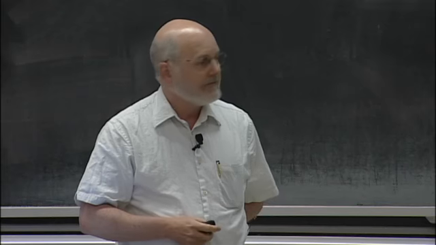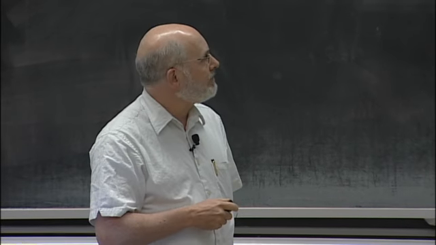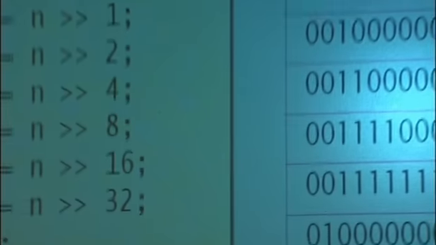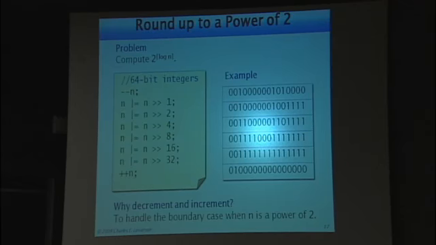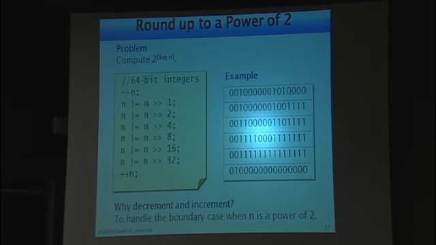Some people like postfix decrementing, and some people like prefix decrementing, and it doesn't matter in most cases. But there are situations where post-decrementing costs you a cycle. So everybody got the idea here? Basically, round up to the next power of 2.